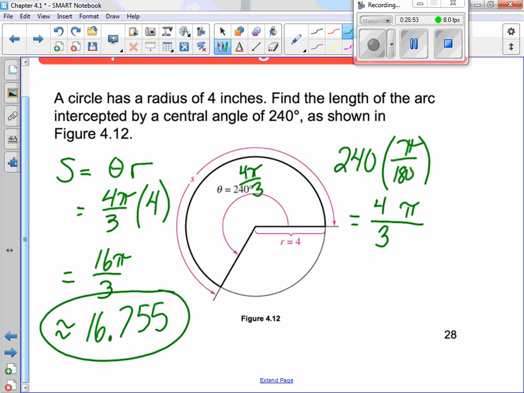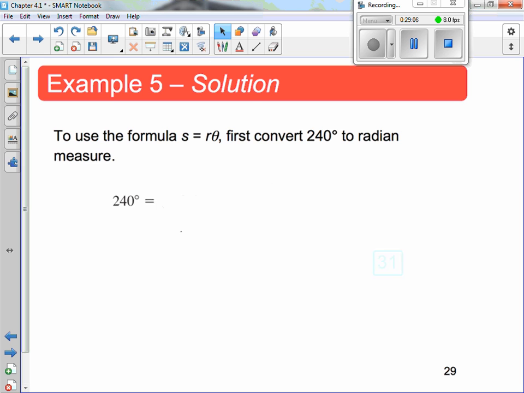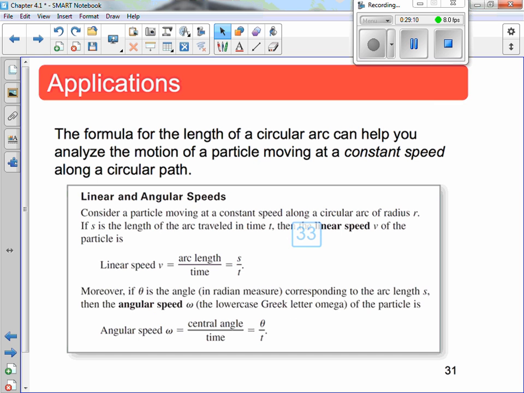So that would be the length of that arc. And that's all we have to do for this. Questions on this here? So we'd convert 240 to a decimal, then plug it in here and find our answer.